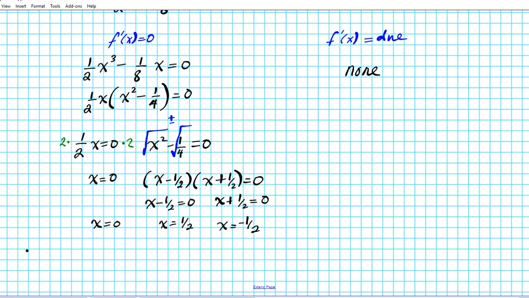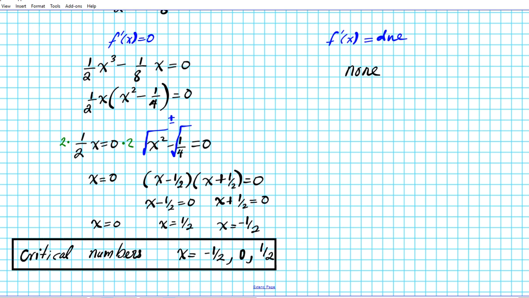Alright, so we have our critical numbers. Our critical numbers are x equals, let's put them in order, negative 1/2, 0, and 1/2. Those are our three critical numbers for the function in question number 12.